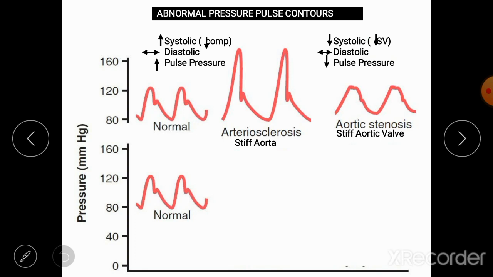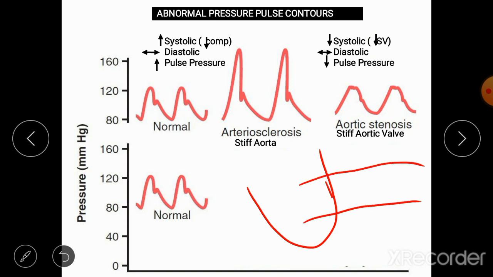Let me repeat it again. Aortic stenosis means that the aortic valve becomes stiff. When the aortic valve becomes stiff, the blood which leaves the ventricle and enters the aorta during systole is reduced, which means the stroke volume is reduced.